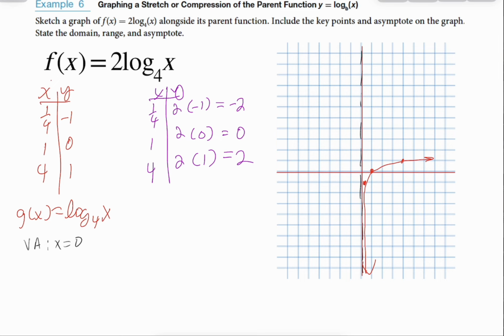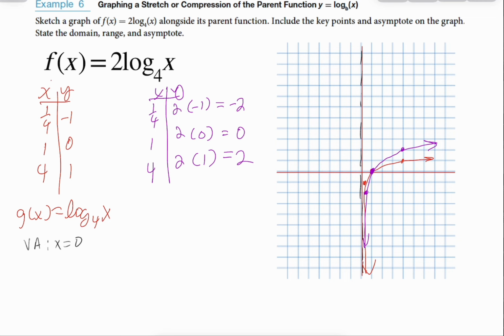So at 1/4 now, instead of at -1, we're at -2. At 1, we're still at 0. And at 4, now we are at 2. So it's just kind of stretched it out a little bit. That 2 lifted it twice as high or stretched it down twice as low.